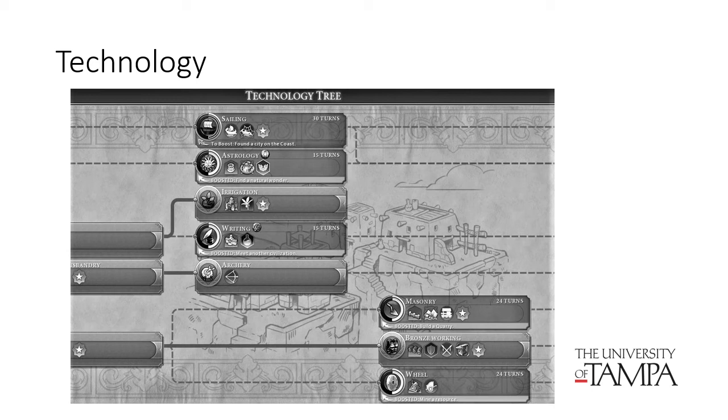Irrigation allows you to build plantations and farms, etc. Sailing, for example, if you invest in that, you're going to have biremes, a particular type of wartime vessel. And you're also going to be able to exploit maritime resources like fish, oysters, crab, and other things that are present in the game.